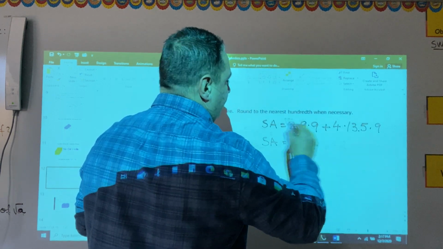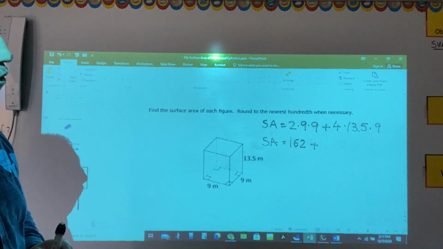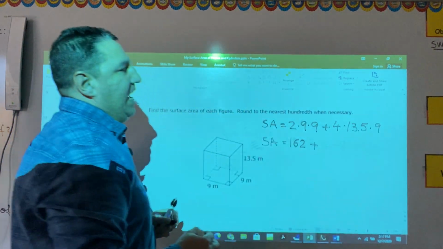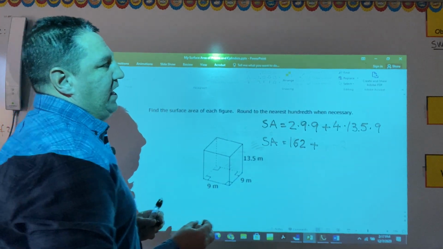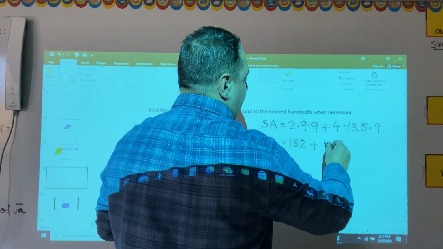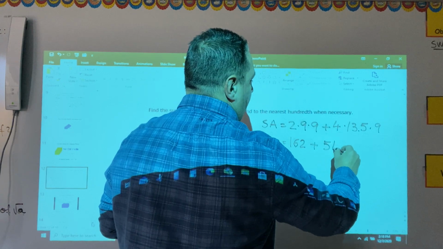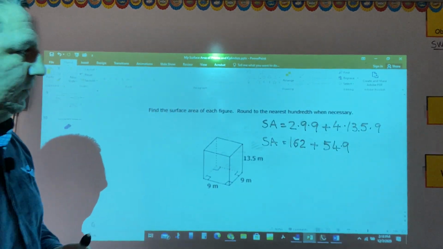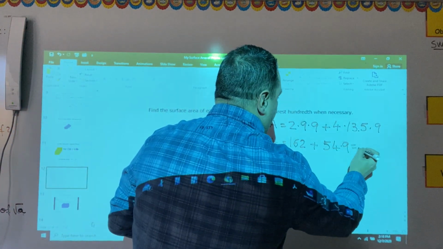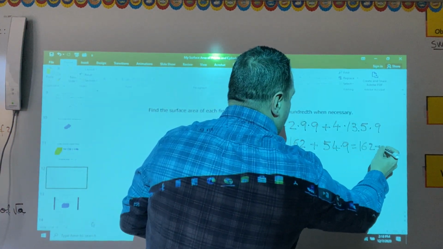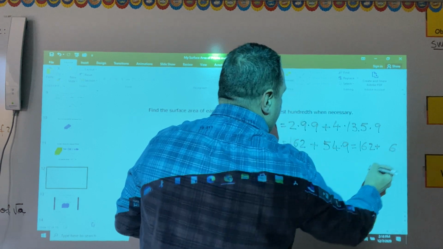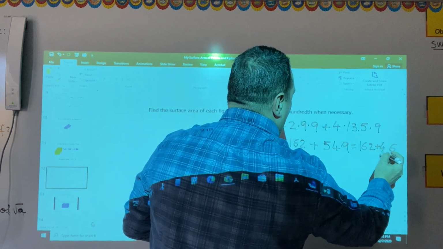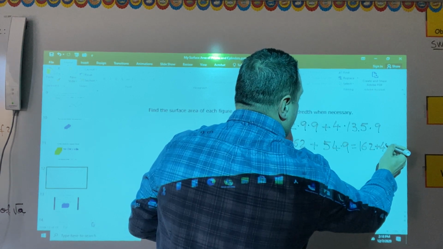Plus 4 times 13.5 is 54 times 9, which is equal to 162 plus 486.